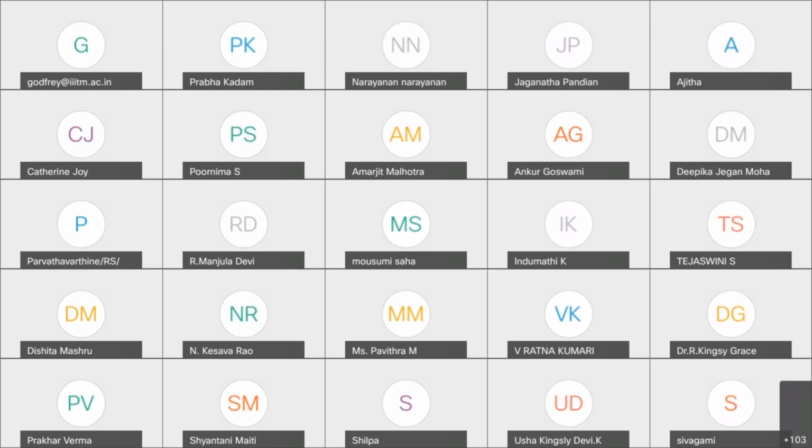Hello, sir. Am I audible? My question: augmentation can be done in two ways. One is using the full image by rotating, shifting, or something else. Another way is cropping a part of the image. Which one is better?